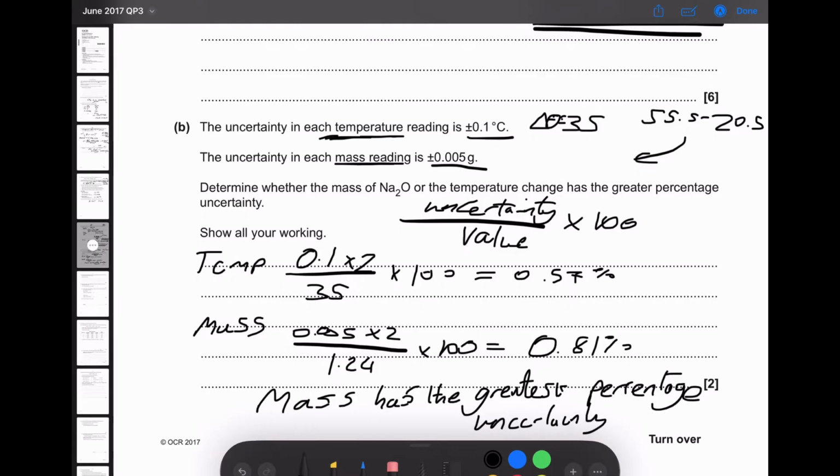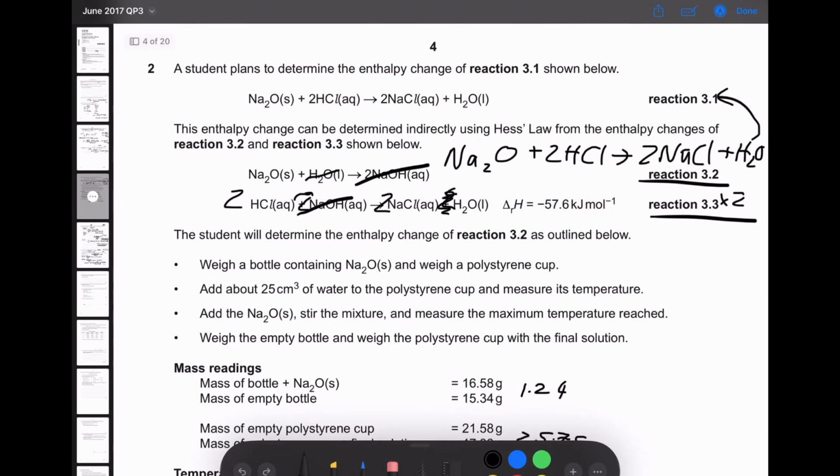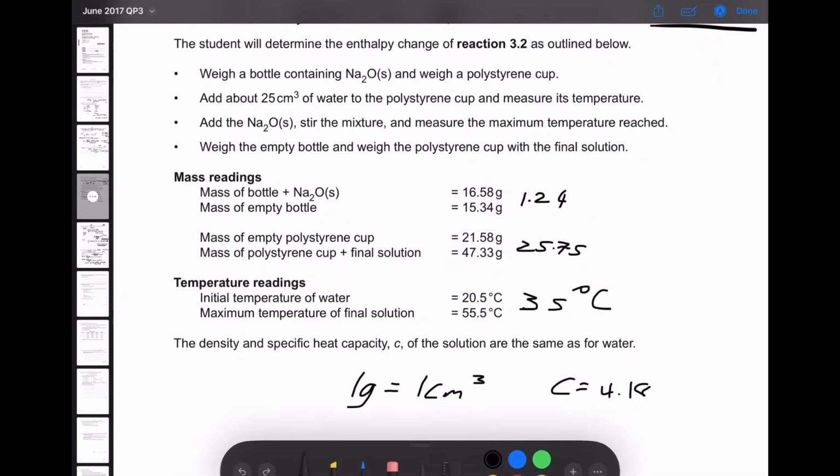Now you'd find that anyway, if you didn't do times by 2, but you wouldn't get 2 marks, you'd get 1 because you did the maths incorrectly. So just make sure you go back and say, well, I'm doing change in mass here, so I have to do the uncertainty twice.